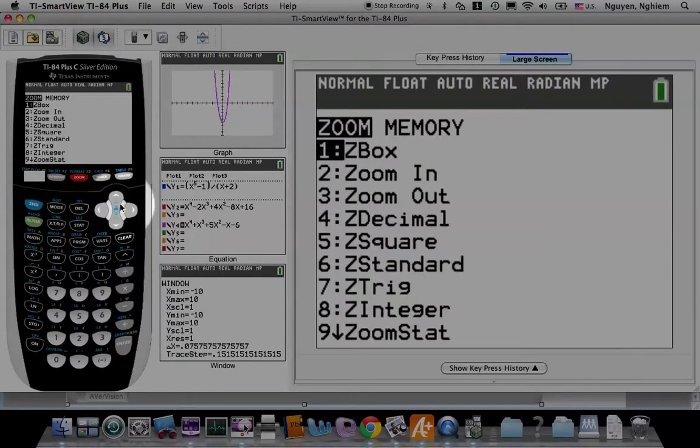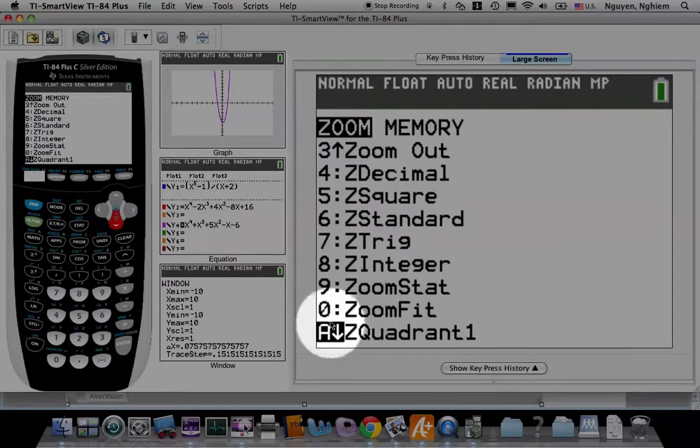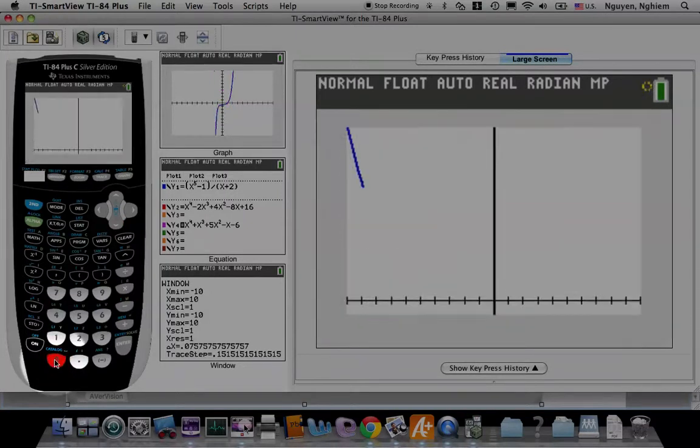What I'm going to do is just go down to ZoomFit, which is the 10th item in the list here. So go to ZoomFit, item 0 there. And it's going to take basically somewhat of a wild guess, but it's usually a good guess on what this object is going to look like. And so you can see it starting to sketch in the function there.